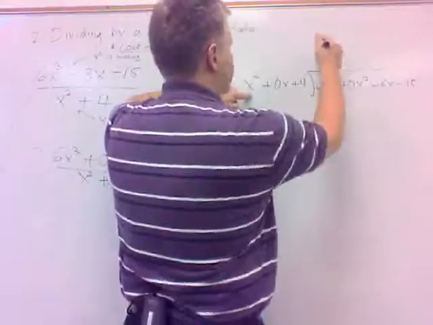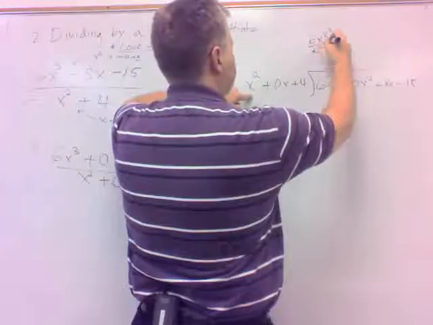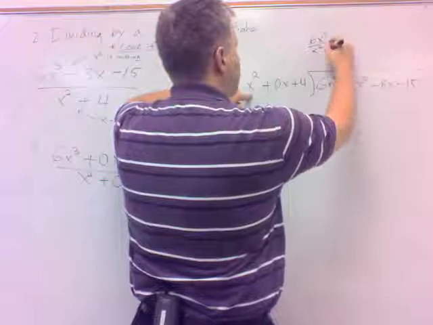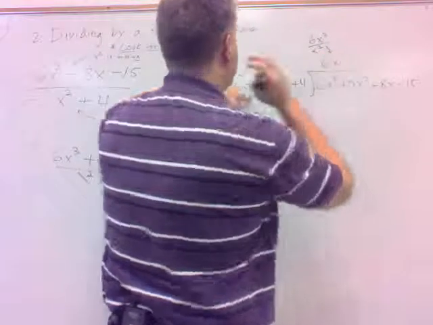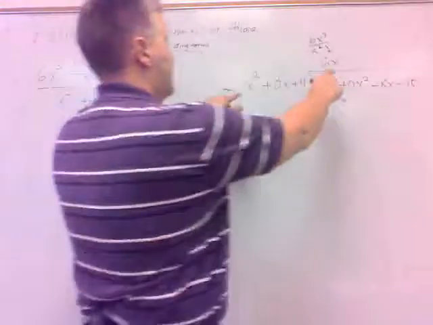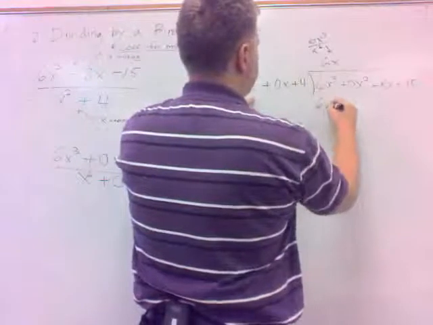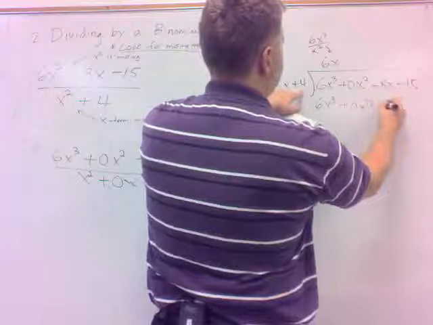Divide the first parts. What do I get? 6x, don't I? Just 6x. So then I take the 6x times all here, so that would be 6x cubed, 0x squared, 24x.